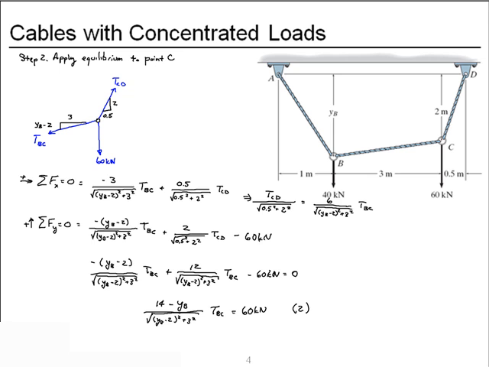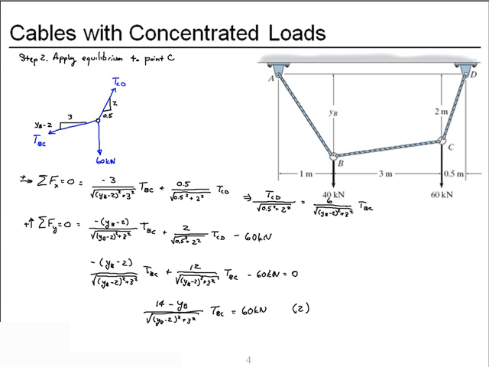Again, 3 unknowns, 2 equations of equilibrium, but 2 of those unknowns are the sag at B and the tension in segment BC. So we consolidated those 2 equations to get 1 equation in terms of the 2 unknowns, sag at B and the tension in segment BC.